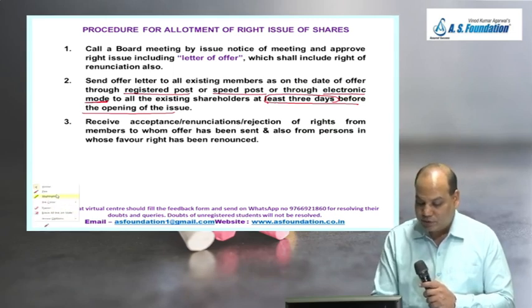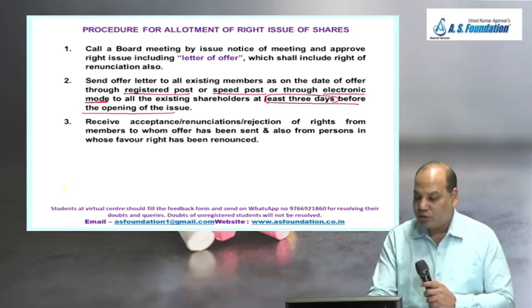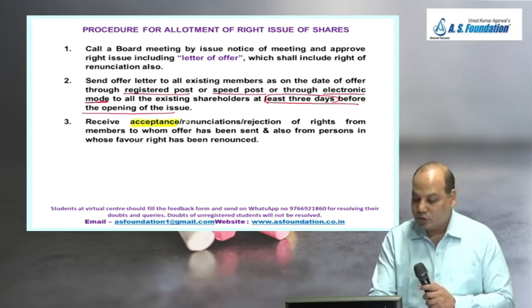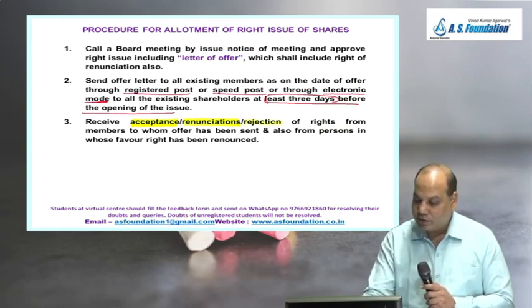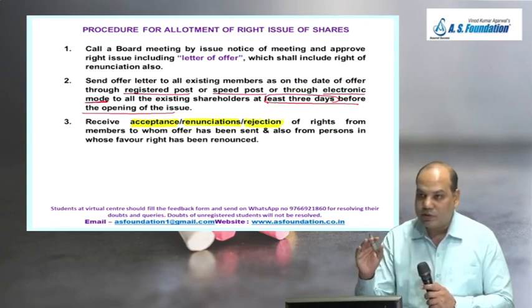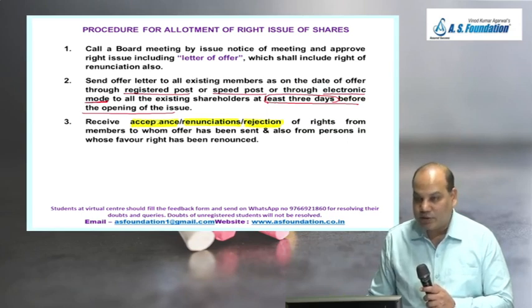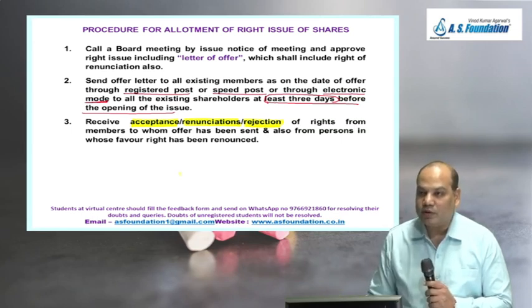In the previous lecture we have seen, you can either accept the right, renounce in favor of any other person, or even reject it. So in step number 3, the company will receive this acceptance, renunciation, rejection from the member or from the person in whose favor the right was renounced.